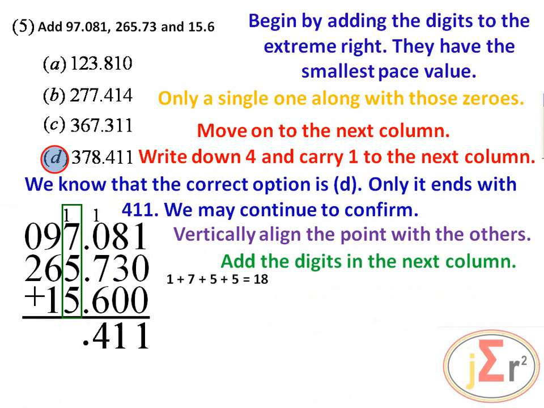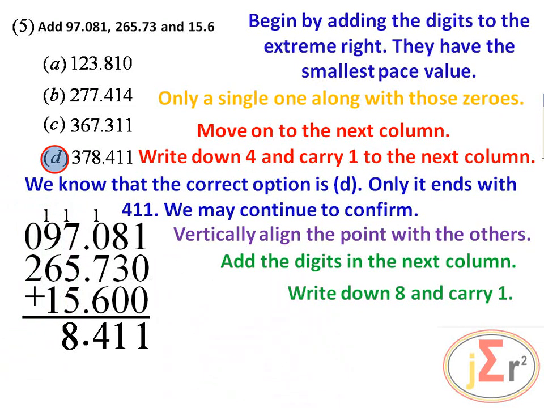We have done that already. So 18. Finally, well, not quite. When we add these digits, what do we get? Add the digits in the next column. What will be the result? 17. Very quickly, because 9 plus 1 will give us 10, and this is 7, so that's 17.